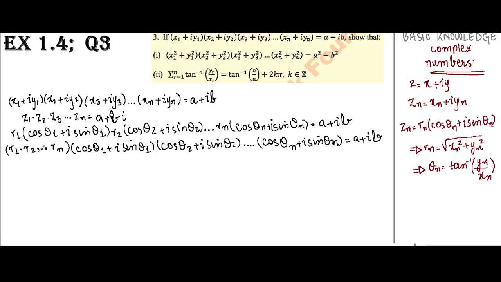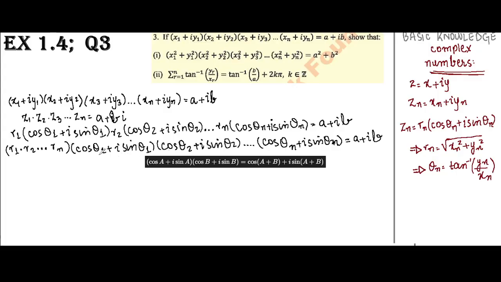All these R terms are multiplied with each other and the rest of all the terms are multiplied with each other. Now we are going to use a formula which I've mentioned over here, which says that cos A plus iota sine A, just like cos theta 1 plus iota sine theta 1, into cos B plus iota sine B, which is theta 2 over here, when these two multiply, they give us cos A plus B plus iota sine A plus B. Now we'll get cos theta 1 plus theta 2 plus iota sine theta 1 plus theta 2.